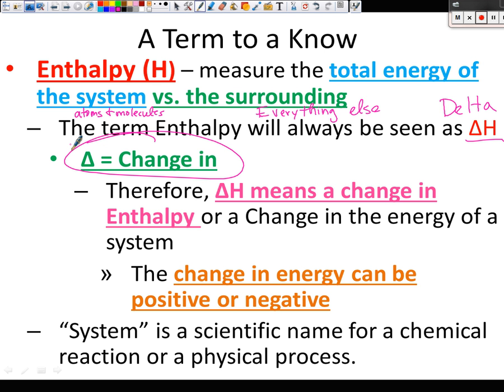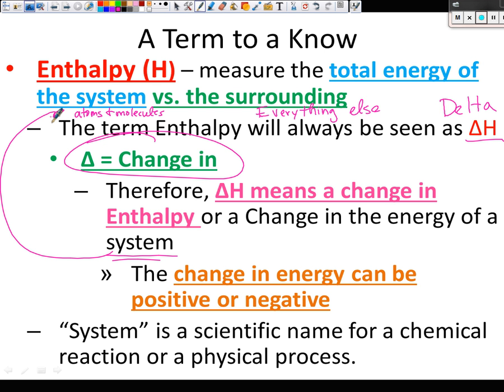So we're trying to figure out the change in energy. Therefore, delta H means a change in energy, or a change in the energy of a system. And again, we're focusing on the system, which is the atoms and molecules. I'm not necessarily all the time worried about the surroundings. Yes, can the surroundings be impacted? Absolutely. But for the most part, we're trying to figure out what the system itself is doing.